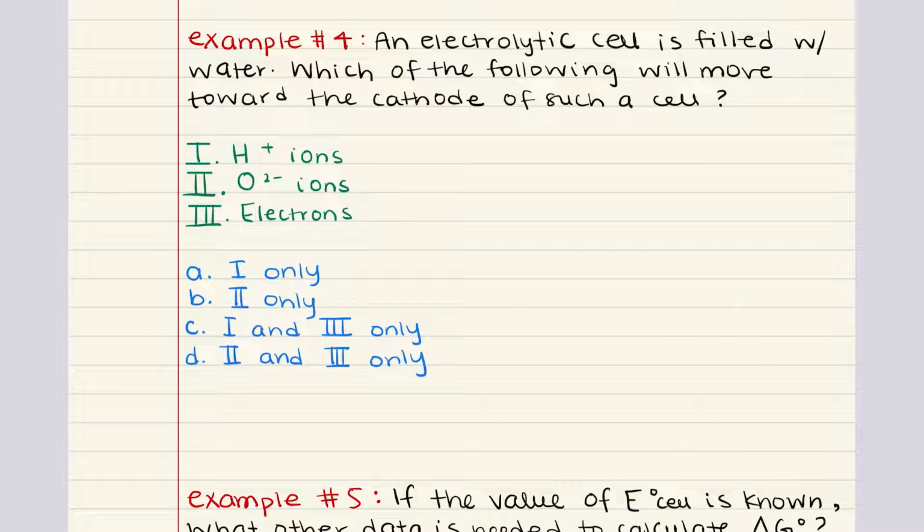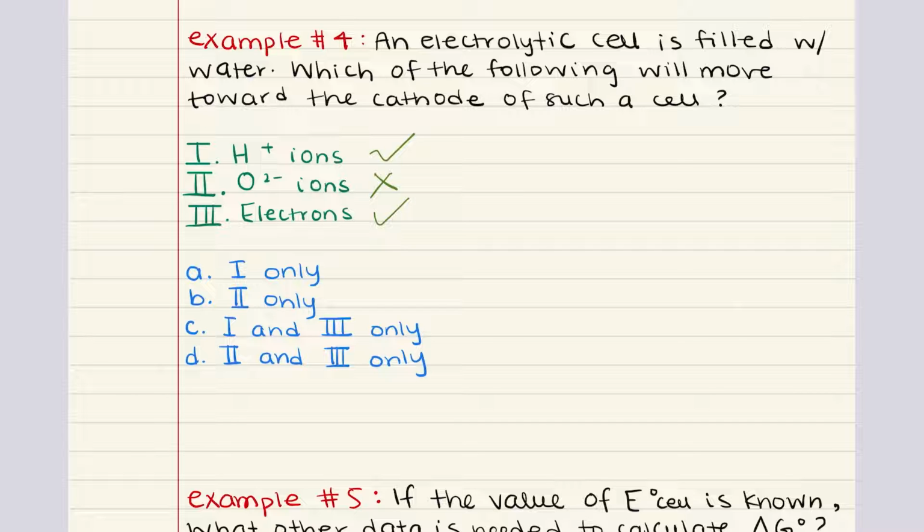Now, in this case, the cations are hydrogen ions, so option 1 is correct. In addition, electrons flow from the anode to the cathode in all types of cells, meaning that option 3 is also correct. But option 2 is incorrect for two main reasons.